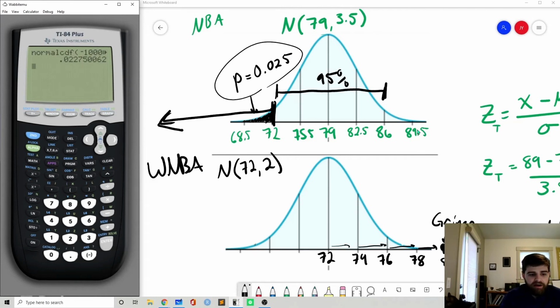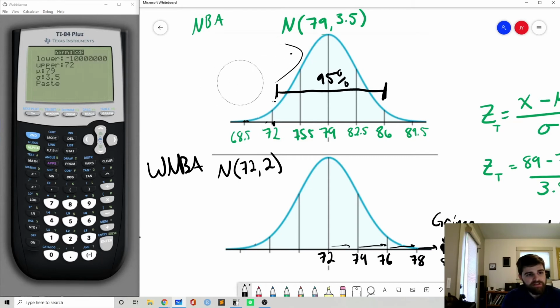The nice thing about normal CDF is it makes it really easy to do more complicated calculations, like what proportion of NBA players are between 73 and 76 inches? What would this proportion be? That would be a little bit tougher to do with table A. We could do it, but we'd have to find 2 different values and then subtract them.